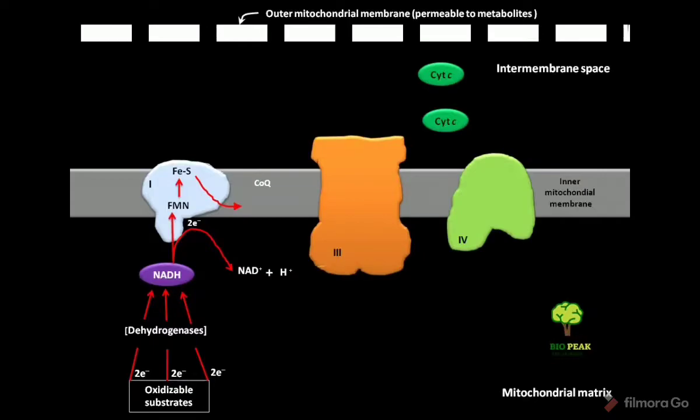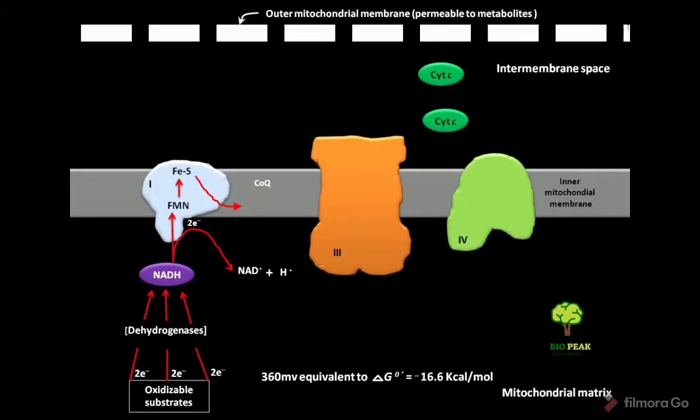It is a carrier of both electrons and protons. Each translocated electron causes a drop in potential of 360 mV, which is equivalent to delta G0 prime equal to minus 16.6 kilocalories per mole.